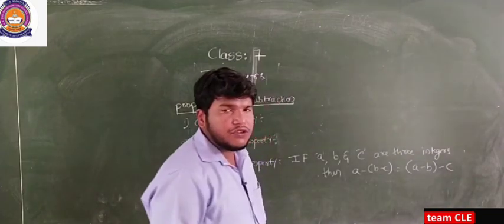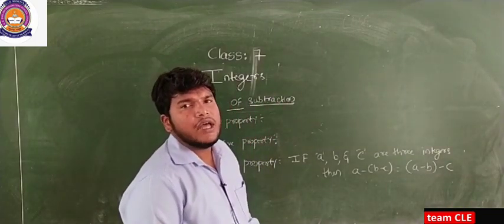So this is your equation for the associative property of integers.